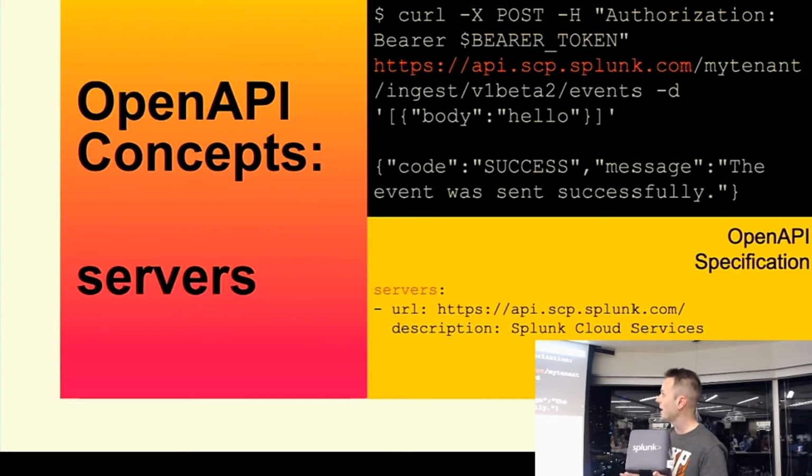For those who can't see the screen, I'm making a POST to an endpoint called mytenant/ingest/v1beta2/events. I'm sending some simple JSON that is an array of a single object that has a property called body and a key value that's just the string hello.